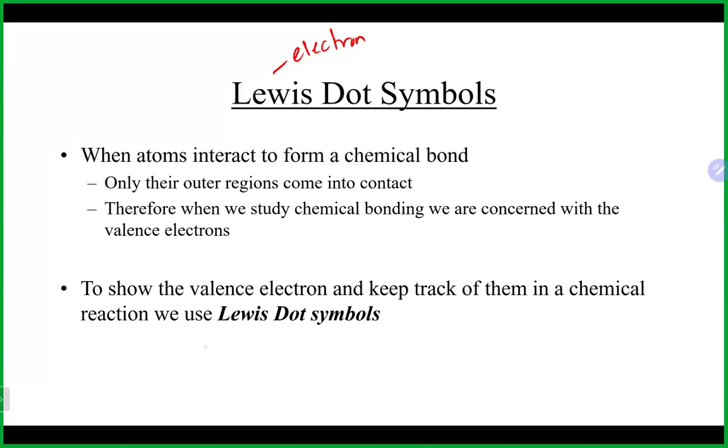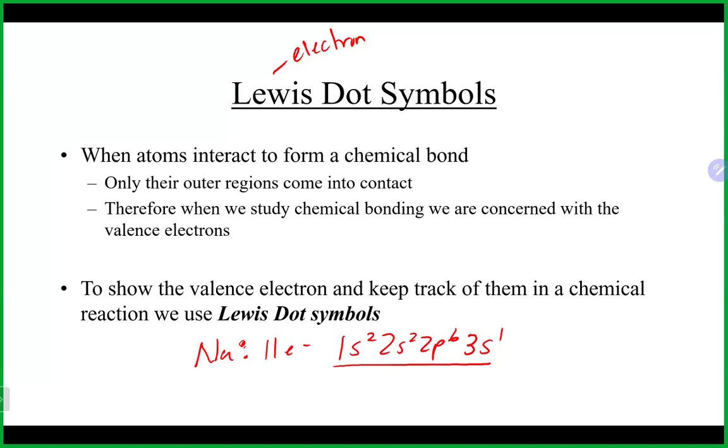But if we look at something, say, like sodium, it has 11 electrons. And basically, its electron configuration looks something like this: 1s2, 2s2, 2p6, and 3s1. This is electron configuration, which we'll talk about in chapter 11 on how to write it.